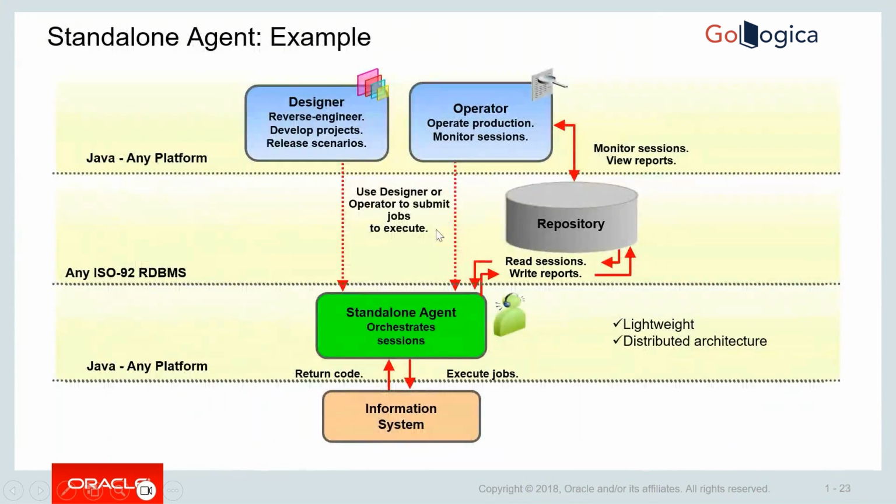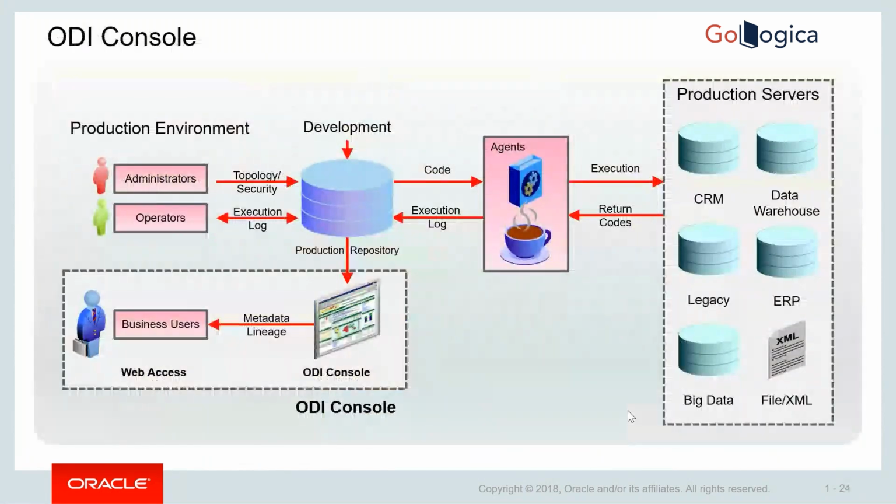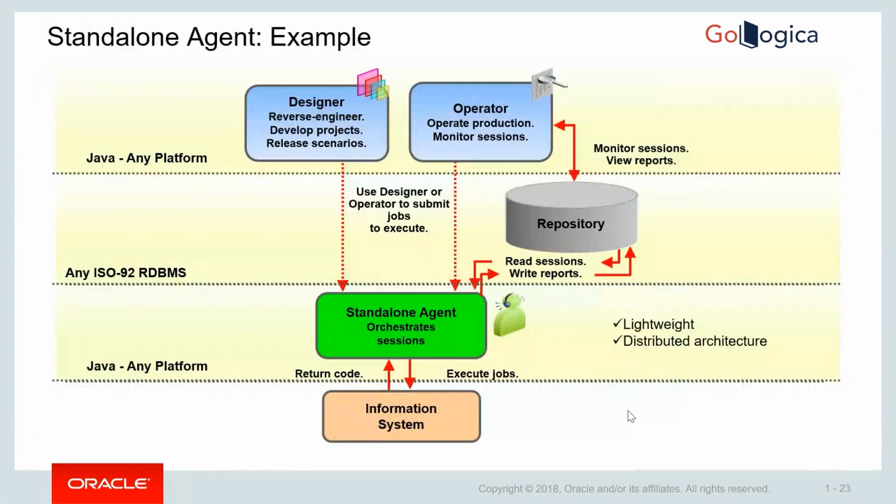We can also have the standalone agent, which reads the details from my repository and sends the code to my sources and targets, and the execution details it writes as a report in the repository. By that, the operator reads the execution logs from the repository. Okay, the agents write logs into the repository and the operator reads from the repository.